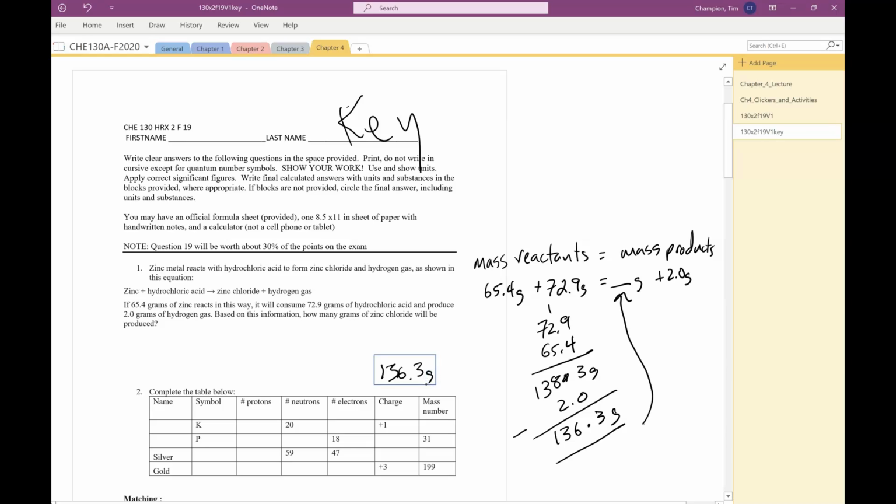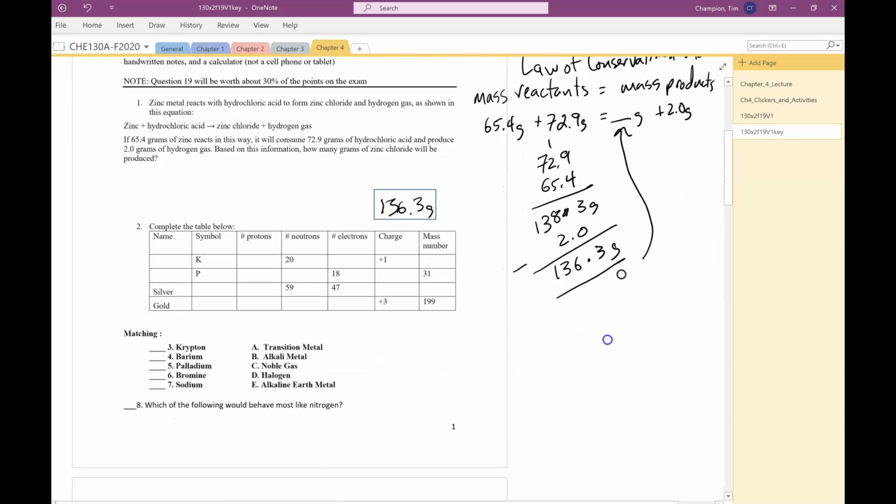And again, that's applying the law of conservation of mass. Very important law. Oftentimes we kind of ignore the fact that we're using it, but really without it, chemistry wouldn't exist.